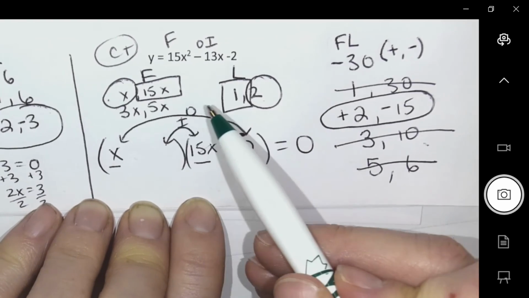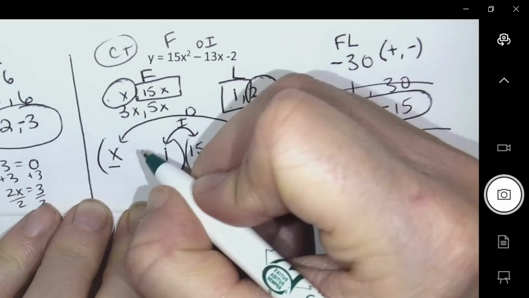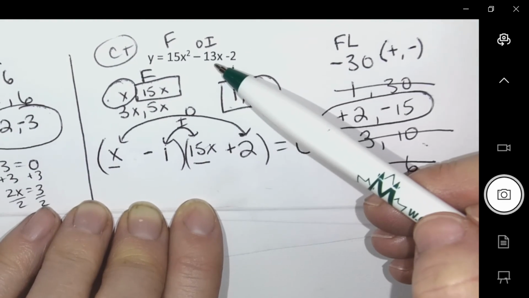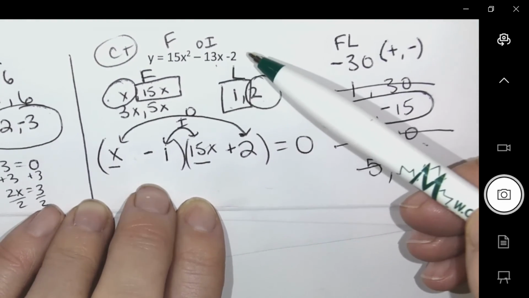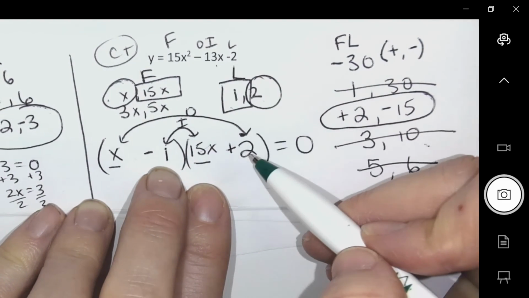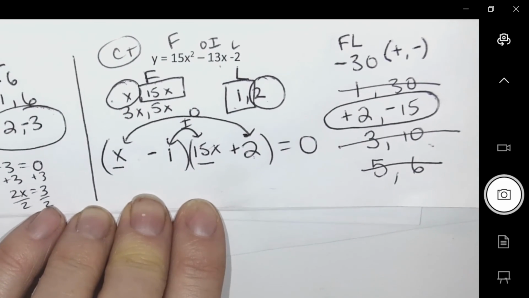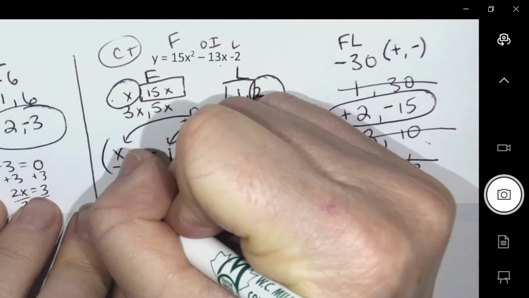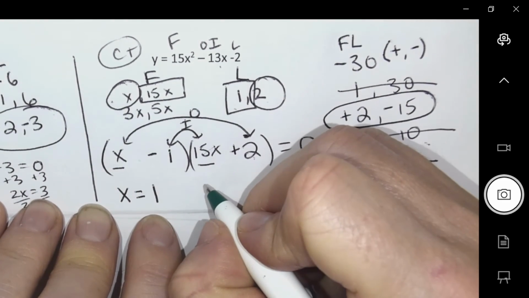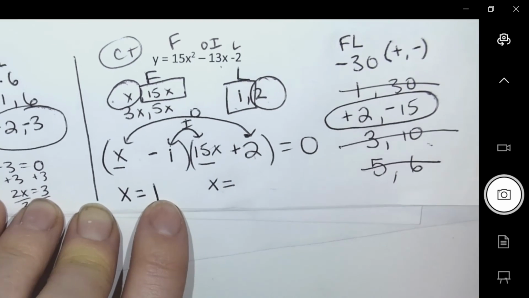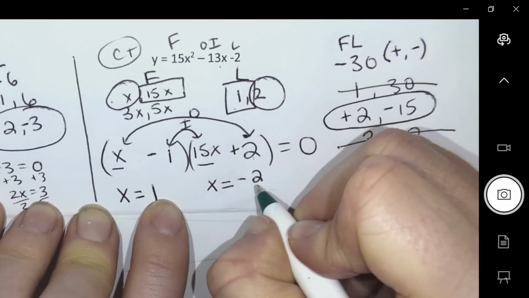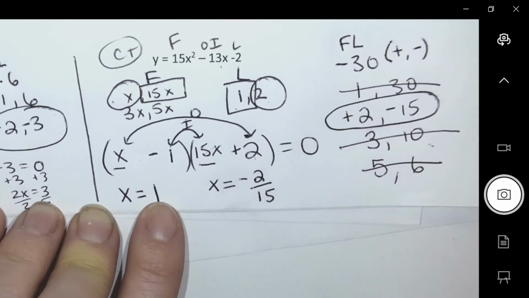And we partnered a 15x with a 1 to make negative 15x. Okay, so we're good there. And then does the last times the last make a negative 2? Yep. So my answer would be x equals positive 1 or negative 2, but you'd still have to divide by 15.